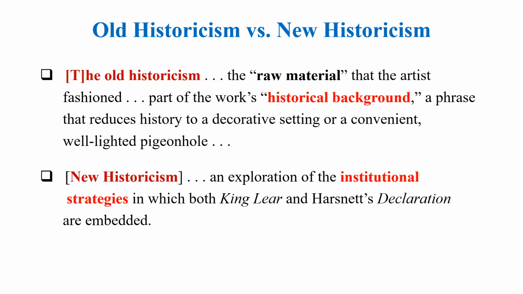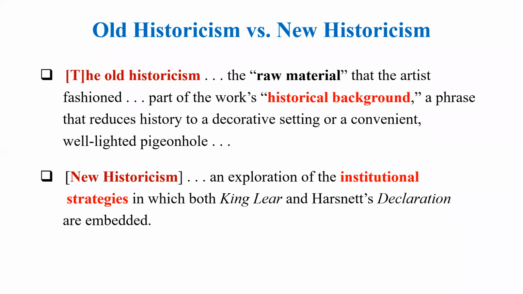So generally, if you use an old historicist method, how do you analyze A Tale of Two Cities? Maybe you asked, Rakesh, you asked me the question. Now I got the perfect example for you. Maybe you have a non-literary text called Thomas Carlyle's work, The French Revolution, a history. So that is a non-literary text where he talks about the French Revolution, its history and everything. In the same period, you have Dickens.